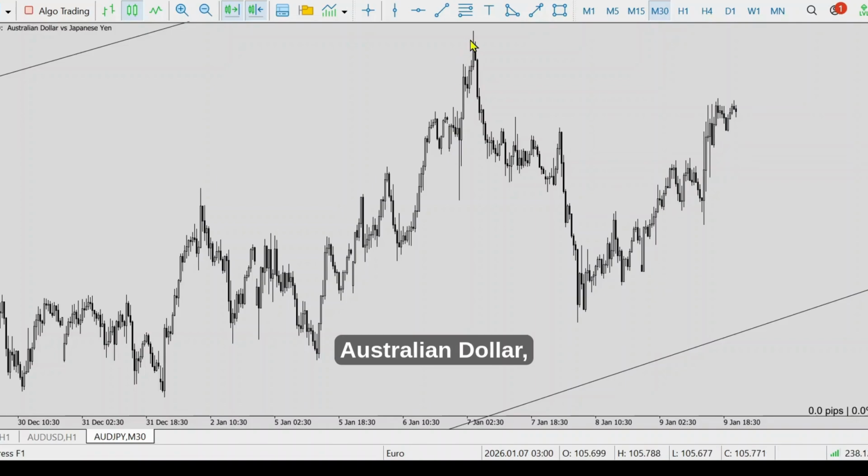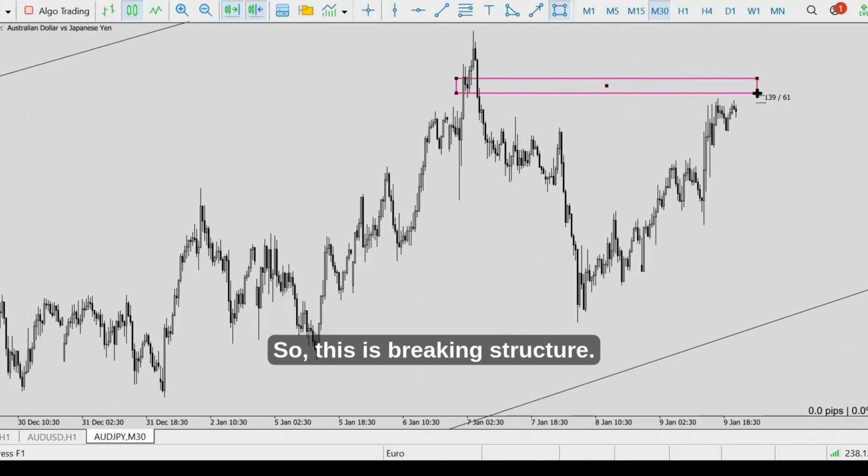For instance, AUDJPY, Australian dollar, Japanese yen, has been in an uptrend, but there is a shift in that uptrend in the sense that there was a breaking structure. So this is the breaking structure.